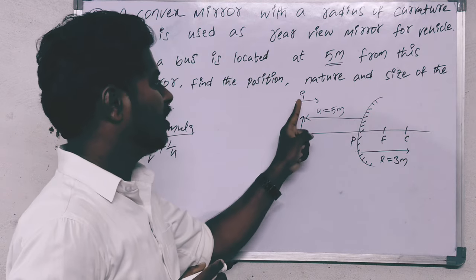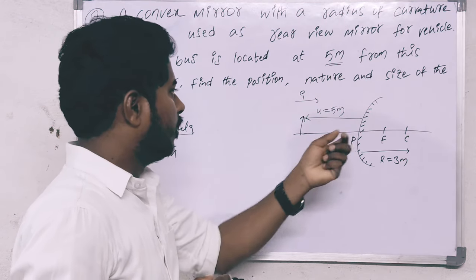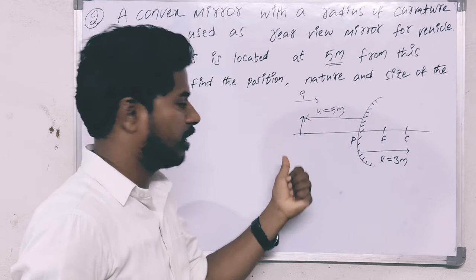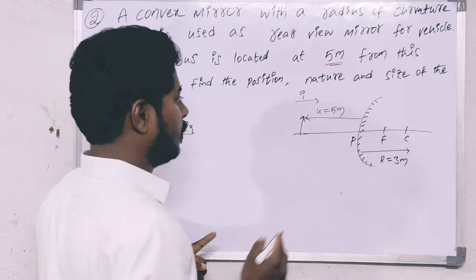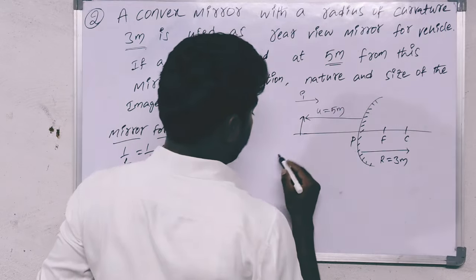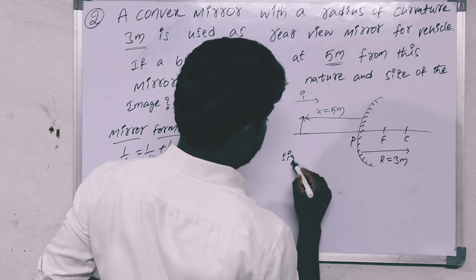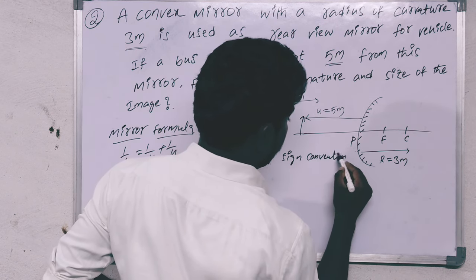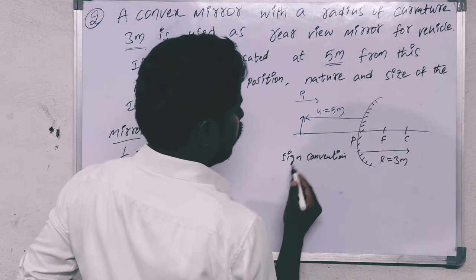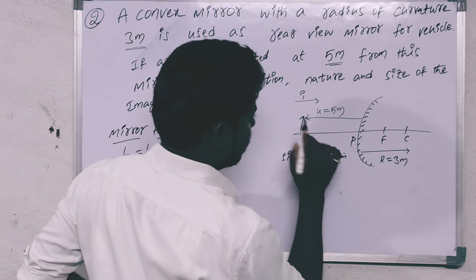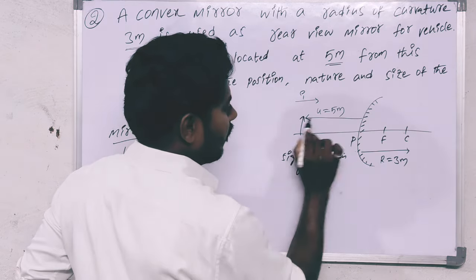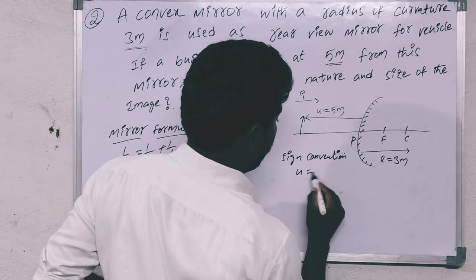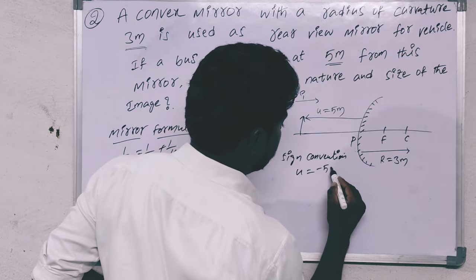The direction of the incident ray is towards right and the direction of object distance is towards left, both in opposite directions, then consider negative. Sign convention: you consider negative because the incident ray and the direction of object distance are both in opposite directions. So U is minus 5 meters.